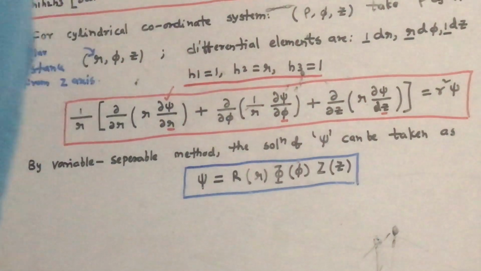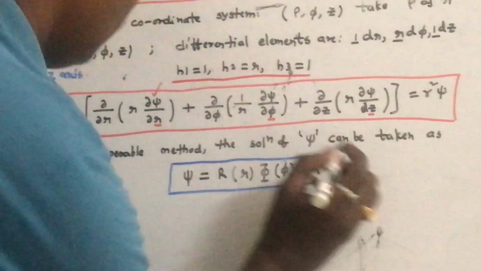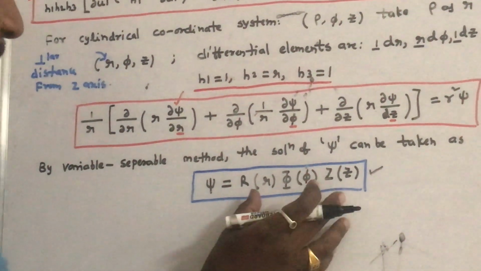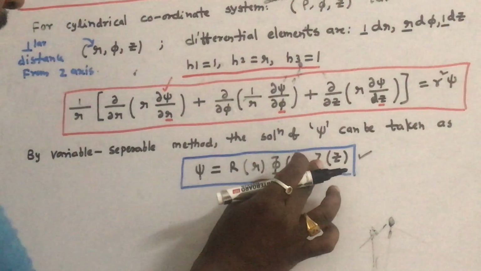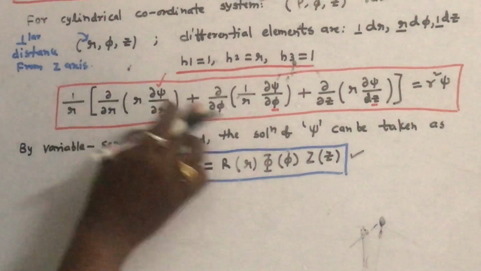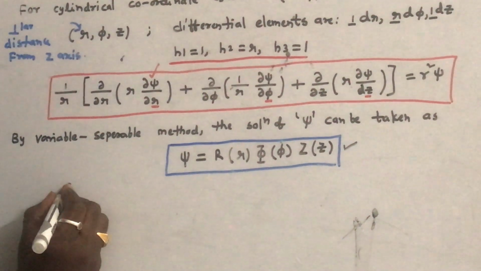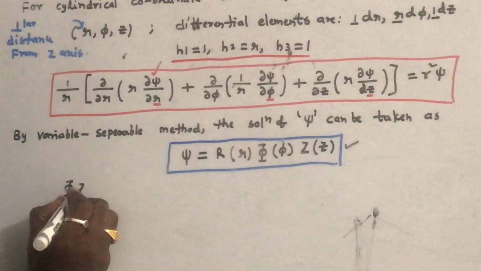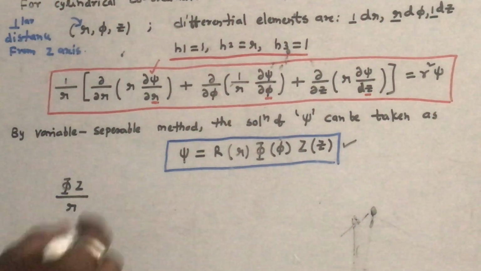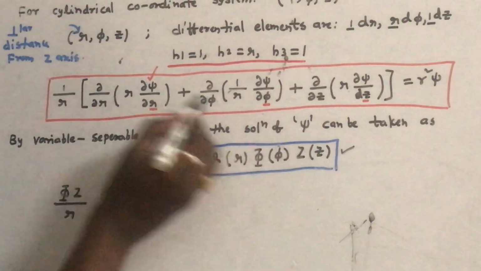So let us check, substitute this psi in this equation. I write these terms, substituting this R, capital Phi and Z here. Since it is so, Phi and Z will come outside, because if you substitute R Phi Z, Phi and Z are constants.